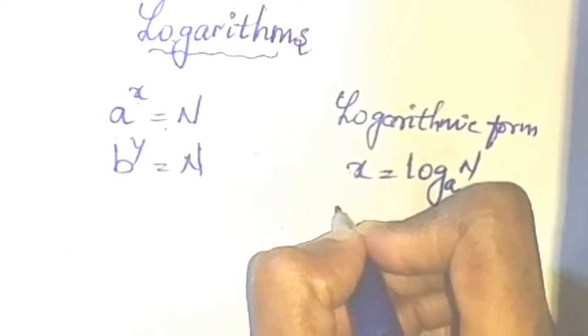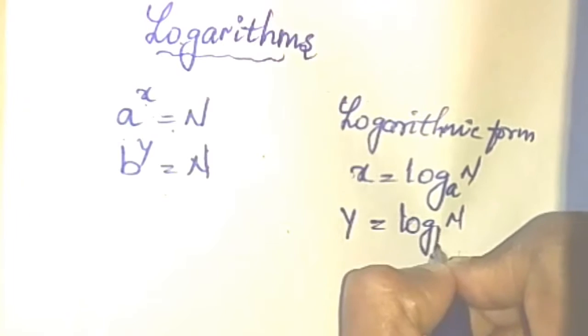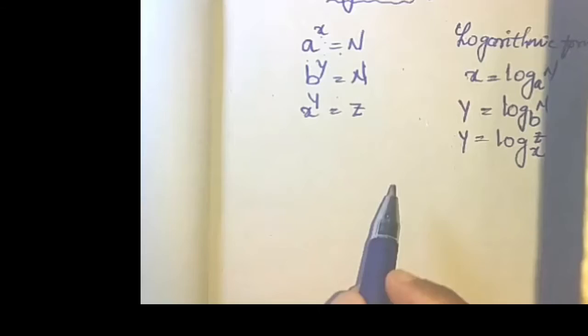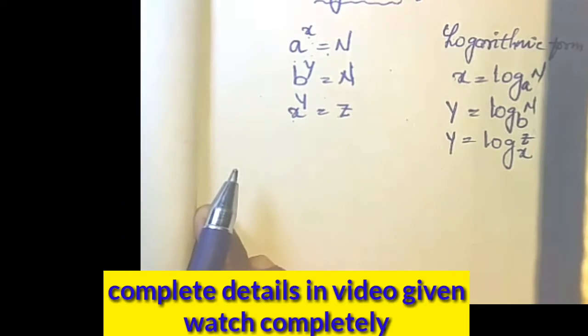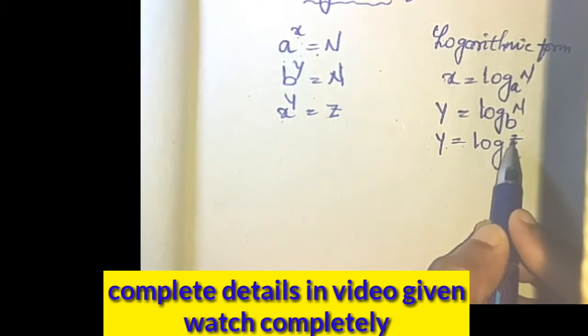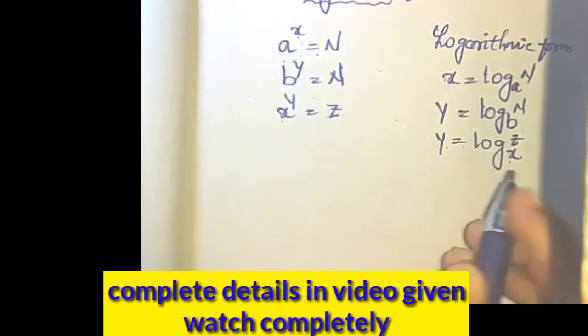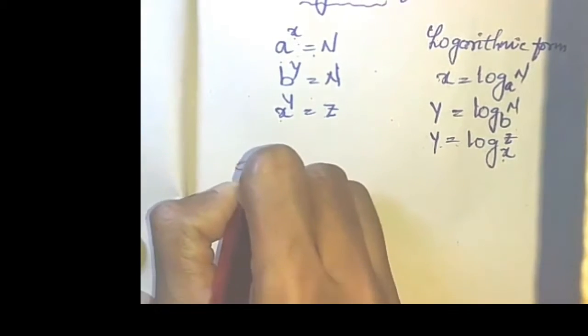This will become y is equal to log n base b. If I have written x to the power of y is equal to z, then it will become y is equal to log z base x. So let us take some examples.